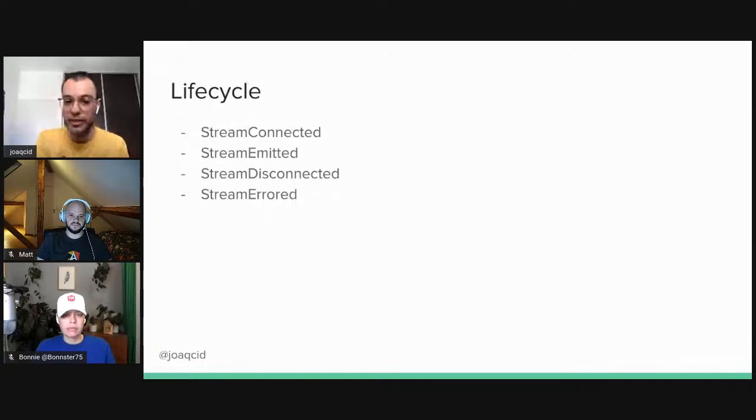Stream emitted will be the first and all the subsequent results that a Firestore query will emit. Stream disconnected, because you can also disconnect from a query to stop listening if you want to. And stream error, if for some reason there's an error and you want a specific behavior, you can hook onto that event as well.